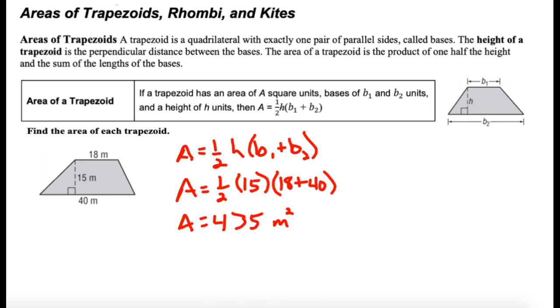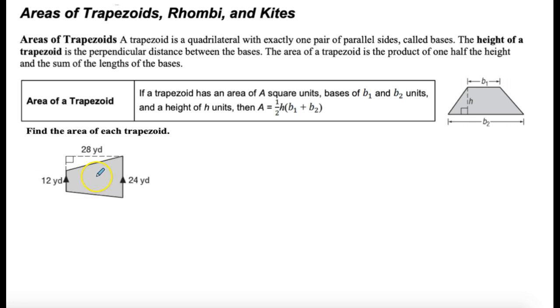All right. Let's try another one. Here we've got a trapezoid that kind of looks like it's turned sideways. Remember, even if it looks like this, the bases are the parallel sides. So the bases here would be the 12 and the 24, and then the distance between them, which is 28, would be the height.